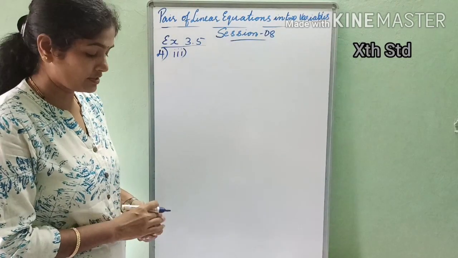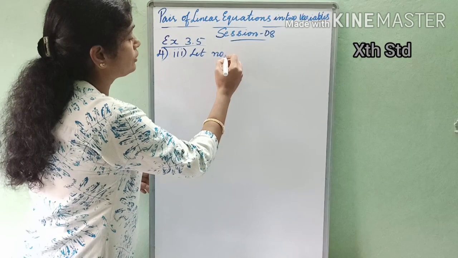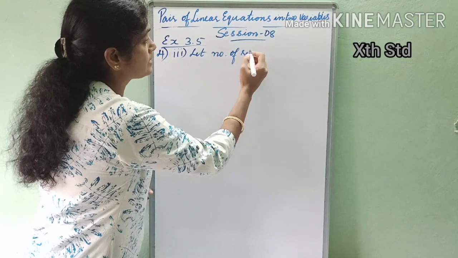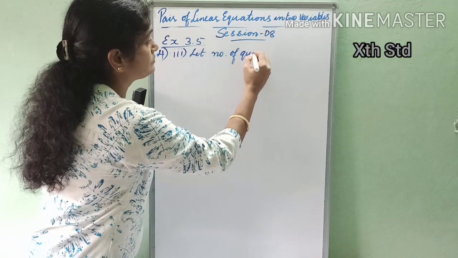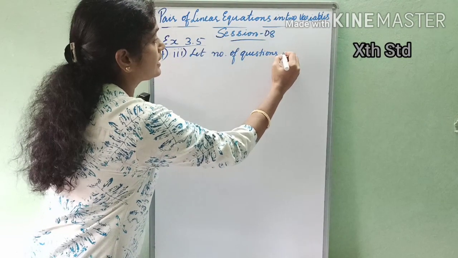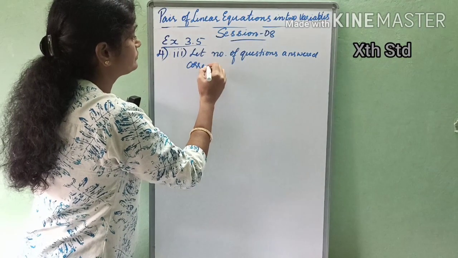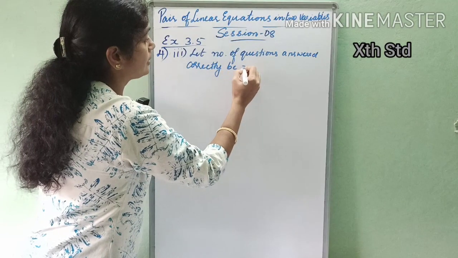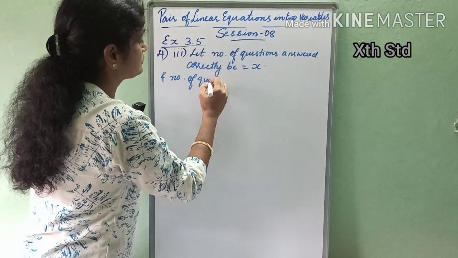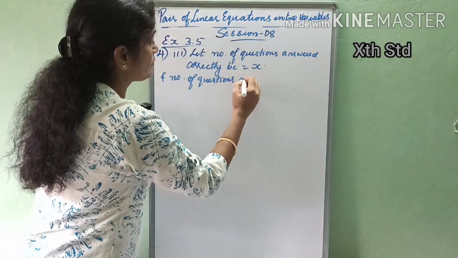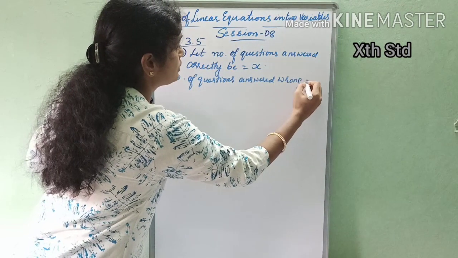And according to the condition, let's try to frame the equation and get the total number of questions. So, let the number of questions answered correctly be equal to x, and the number of questions answered wrong is equal to y.